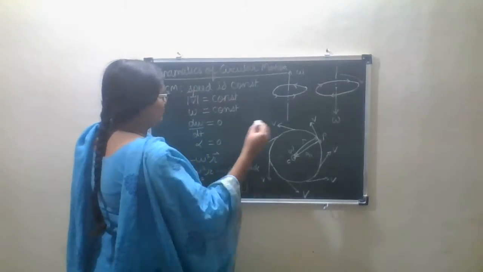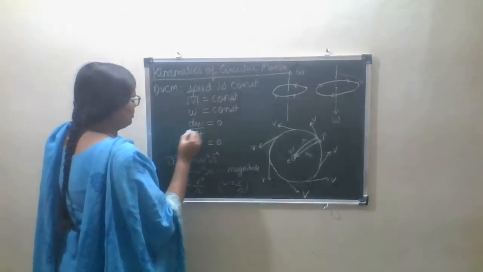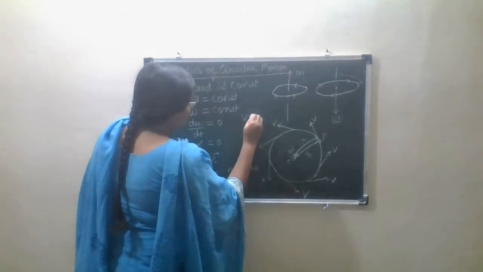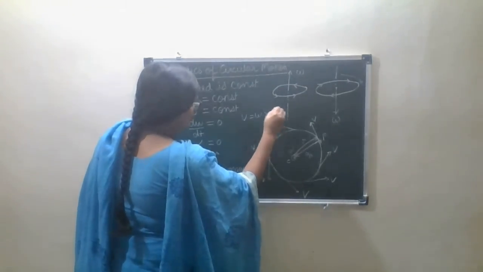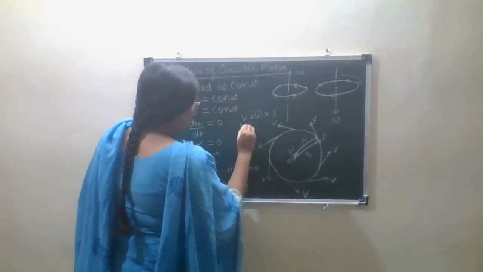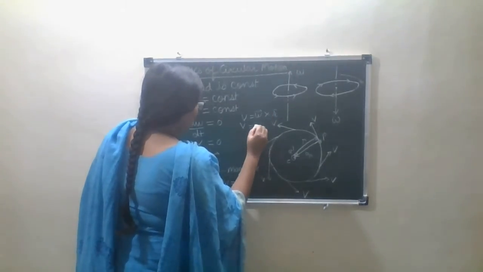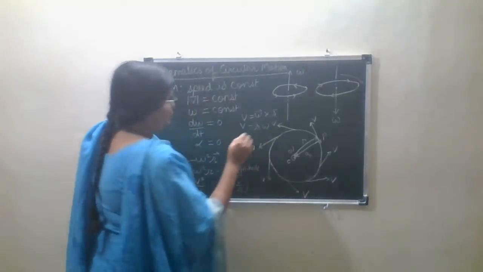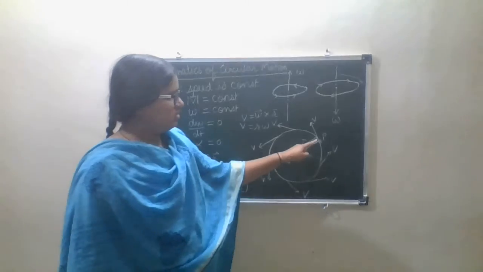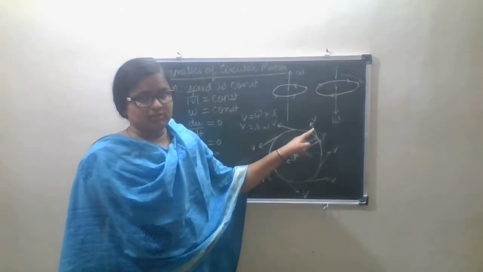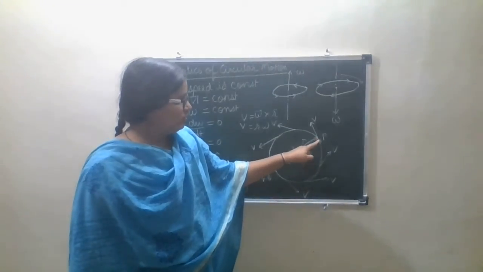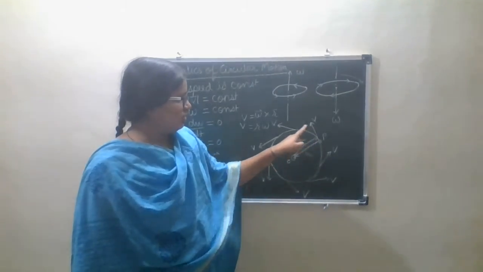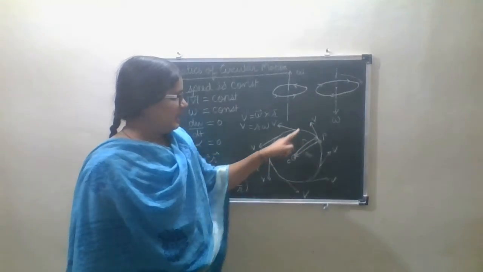In vector form, v is equal to omega cross r bar, and in magnitude v is equal to r omega. This is the tangential velocity v, which is always tangential to the circumference of the circle. As the point moves, it will change its direction.